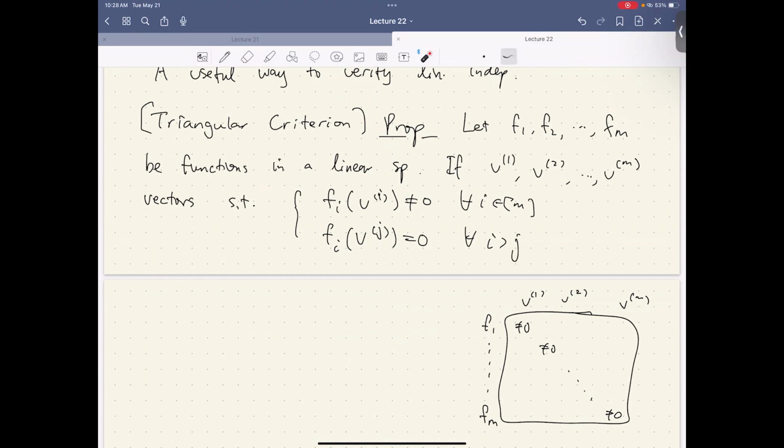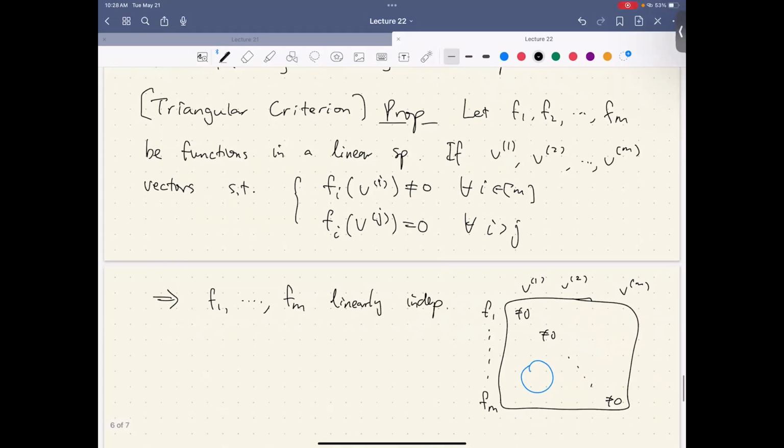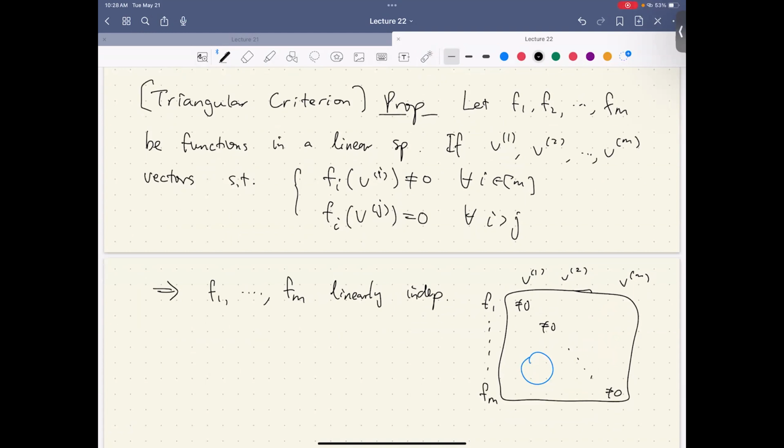So one part of this is 0. It doesn't matter which part; by symmetry, the way I write it, with i bigger than j, it's 0 here, and we don't care about what's going on in the other part. Non-zero on the diagonal, 0 here. Then f1 to fm are linearly independent. I will not prove this; I'll leave it as an exercise.